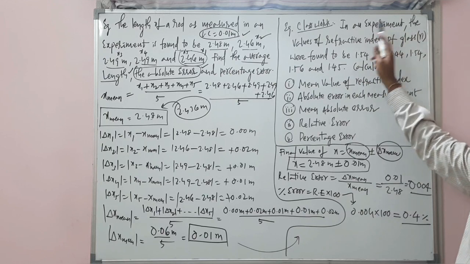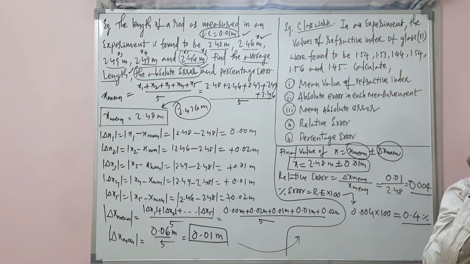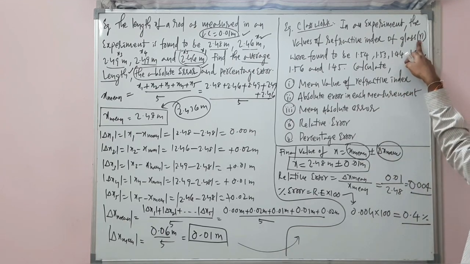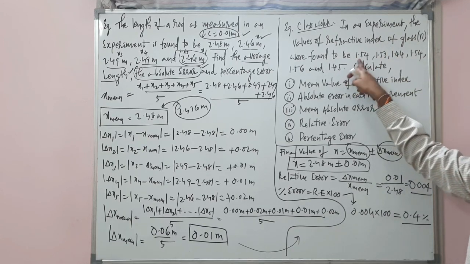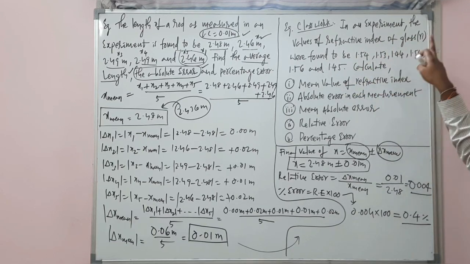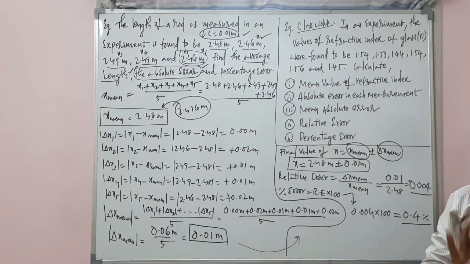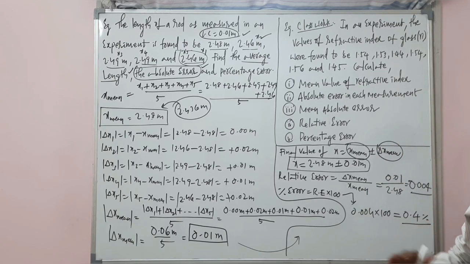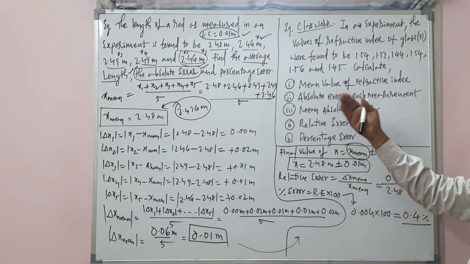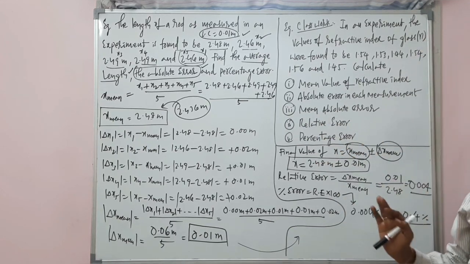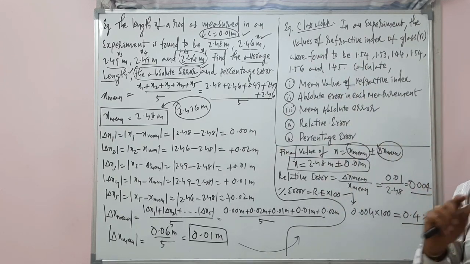In an experiment, the values of refractive index of glass, represented with the symbol small n, were found to be 1.54, 1.53, 1.44, 1.54, 1.56 and 1.45. So like this they have given. Calculate the mean value of refractive index, you know. Here it's not x mean, it's n mean: n1 plus n2 plus n3 and so on, by number of measurements.